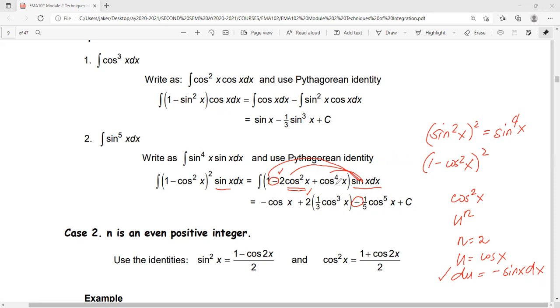But as to the power rule, the new exponent of cosine of x raised to 4 will be cosine of x raised to 5. And then, of course, it will be divided by 5. This is how we apply case 1 under type 1 for trigonometric transformation.